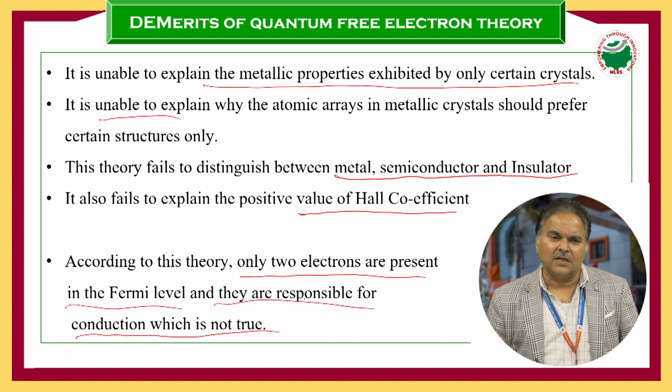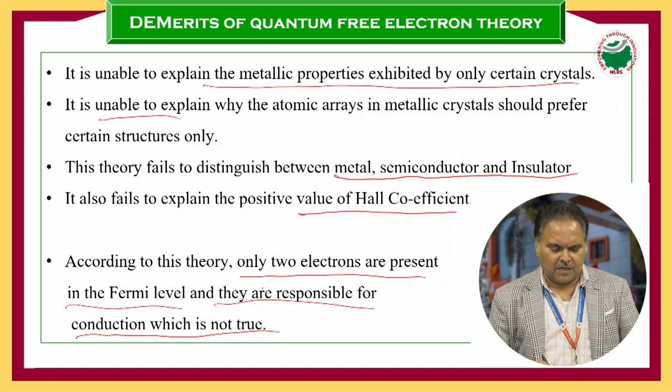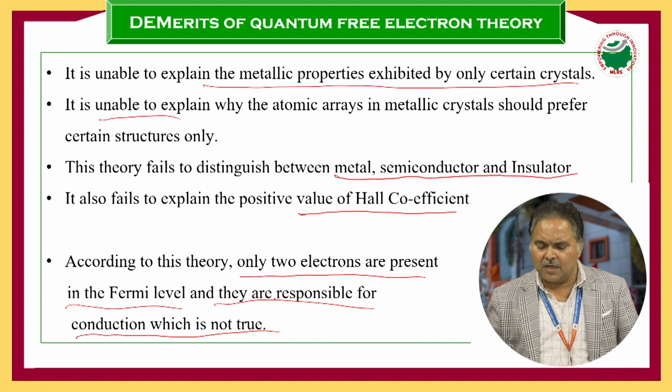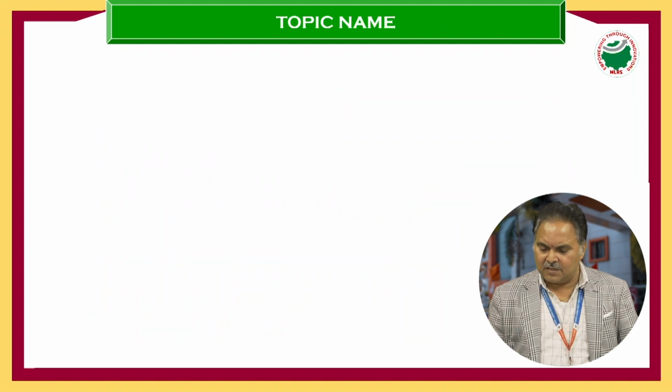Two electrons is only one cell, and there will be a number of free electrons, maybe more than two. So that assumption is not correct. That is a demerit of quantum free electron theory.